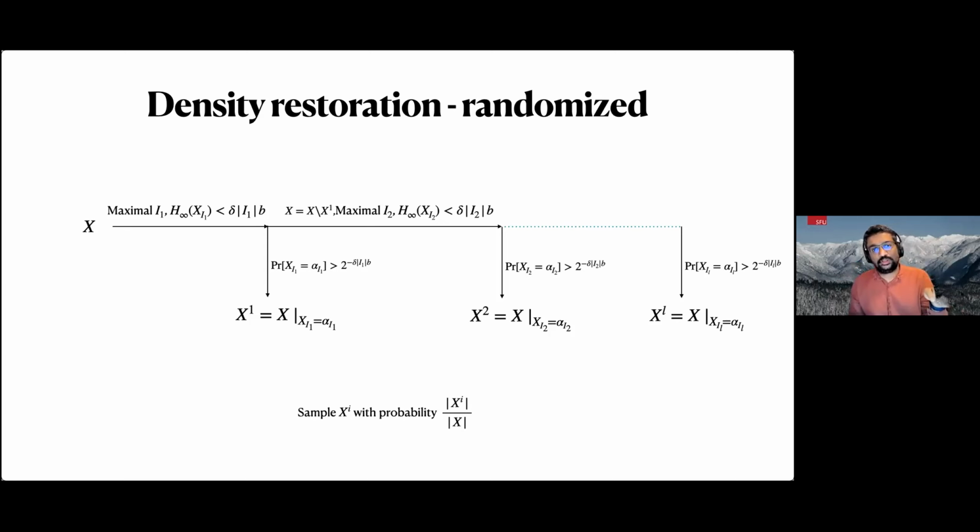We want our sampling distribution T_C to be close to T_Z, which is uniform over C inverse of C. So here, the way to do density restoration is different.